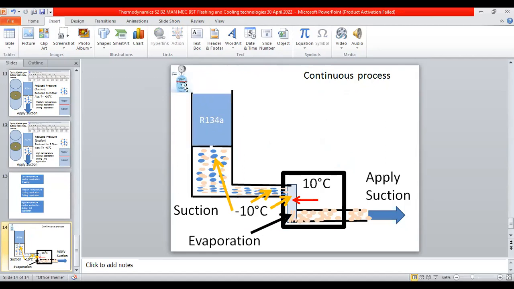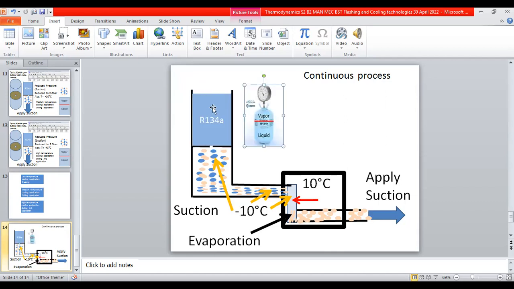So R134A, here it is something like this. See, liquid here, until this level liquid. Let me take this. See, liquid is here.